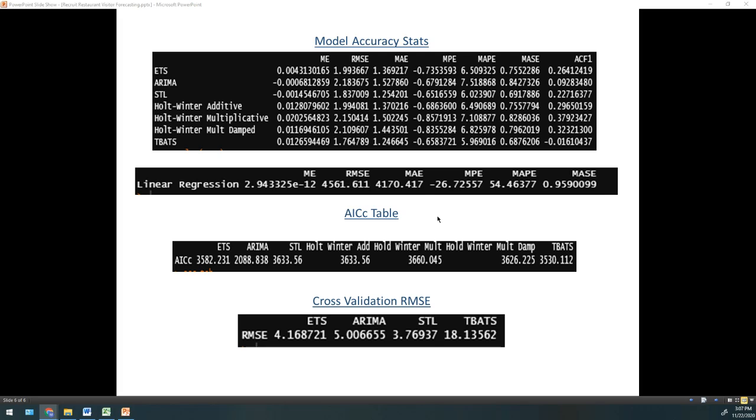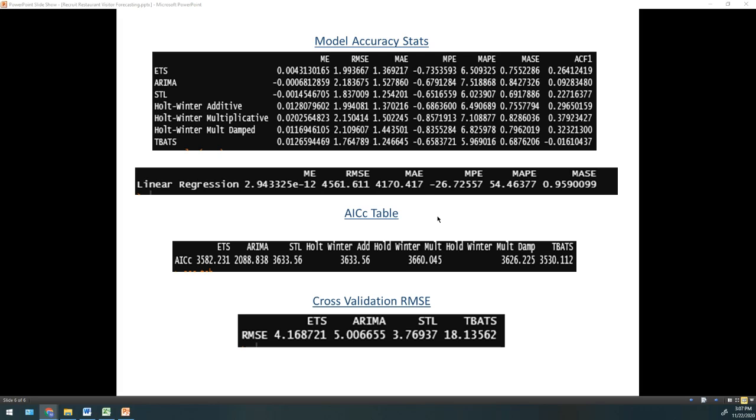So this is a summary of the statistics that I used in order to select the different models. Starting with the types of models, I used 5 different types: an ETS, ARIMA, STL, a few different flavors of the Holt-Winters model, and then something called TBATS, which we haven't quite covered in class just yet, but the literature suggested this was a very popular method to use for daily data.